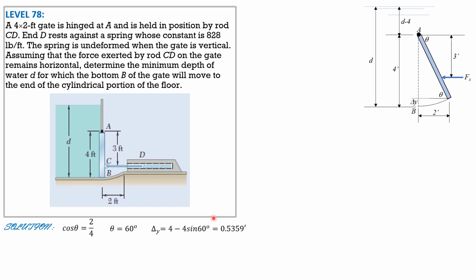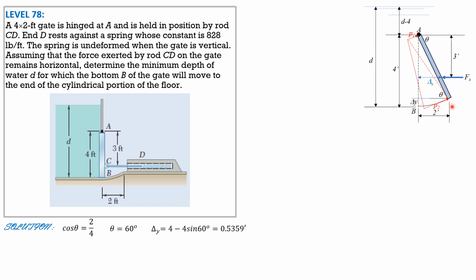So delta y is equal to 0.5359 feet. So the vertical distance from the water surface to this end of the gate is d minus delta y, d minus 0.5359. So this is the pressure diagram. We have P1, P2. Let's divide this into two triangles as shown. And this distance can be solved by similar triangles again.